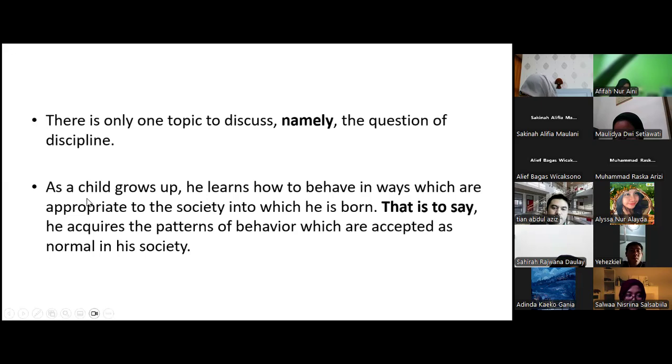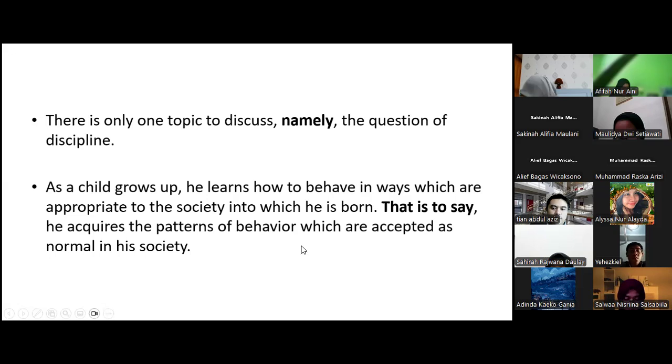Here, the first sentence, as a child grows up, he learns how to behave in ways which are appropriate to the society into which he is born. The first sentence is more general, so we need more explanation about it.